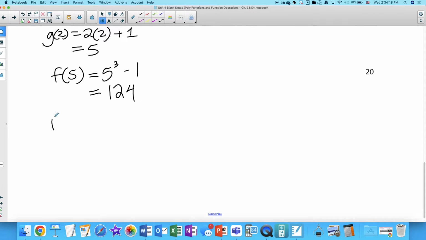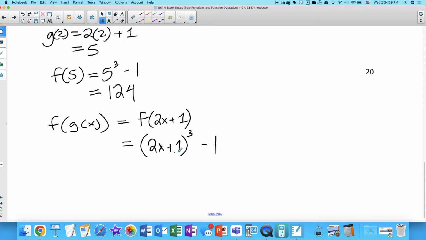Okay, f of g of x. g of x was 2x plus 1, so f of 2x plus 1. Now, f was something cubed minus 1, so we're going to put this 2x plus 1 in there.